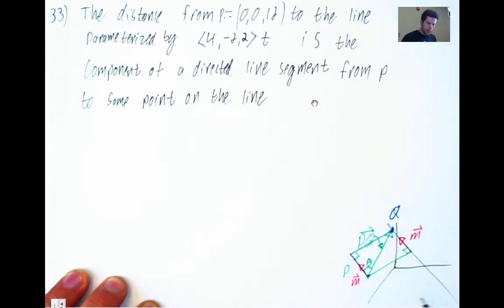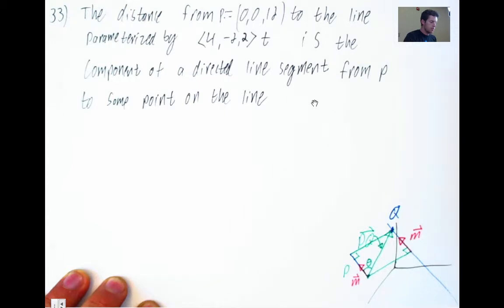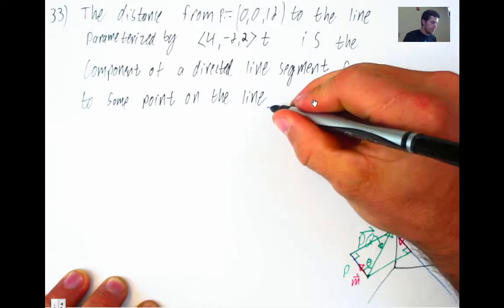Now let me choose a convenient point on the line. Oh, that's right, 0, 0, 0 is on the line, but maybe that's too easy. I'll use something else that's on the line just to make sure that I'm getting some exercise.